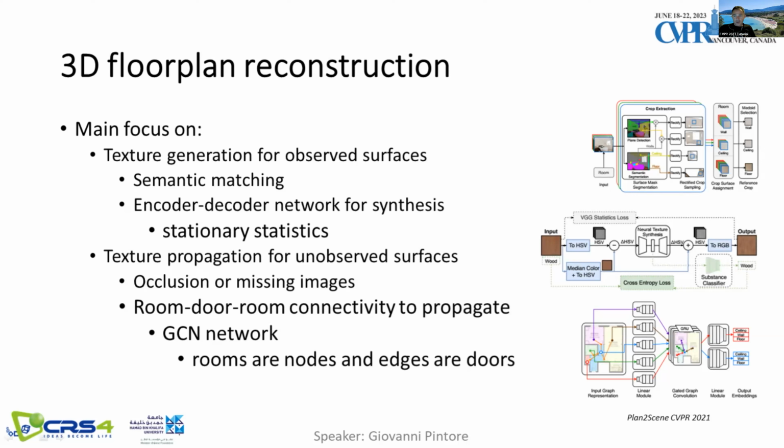To this end, a possible approach is to propagate available texture according to room connectivity, in this case by the door connectivity. In the presented approach, a graph neural network is adopted to represent the floor plan, where the rooms are the nodes and the edges are the doors. In this way, the texture samples are propagated according to the minimization of this graph.